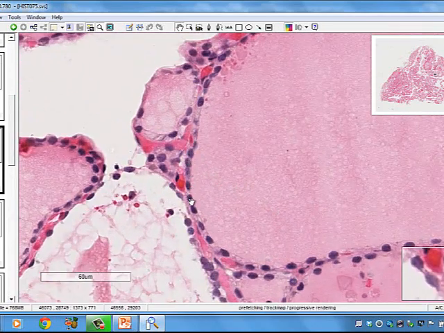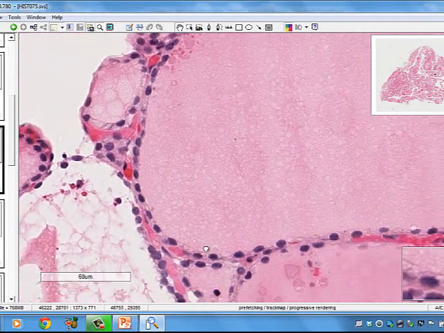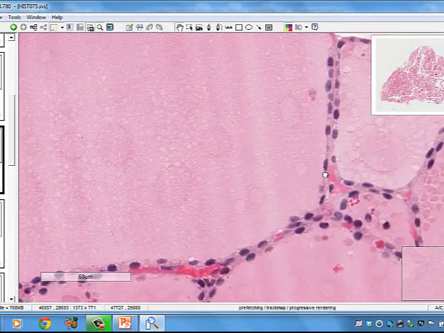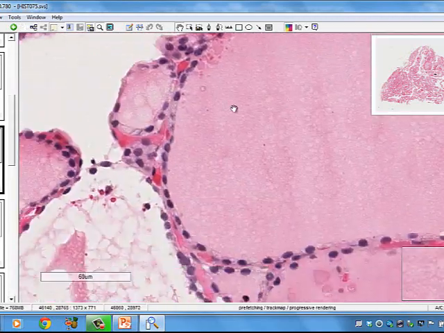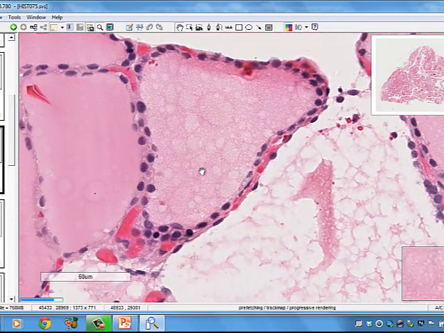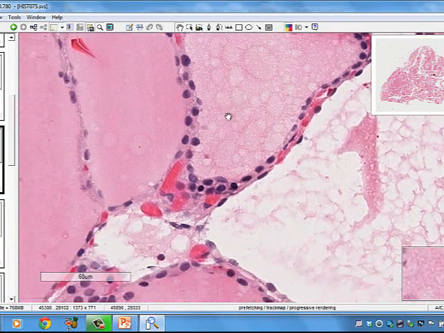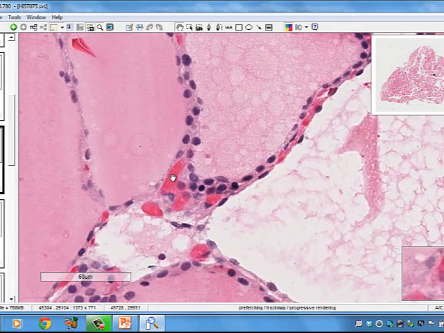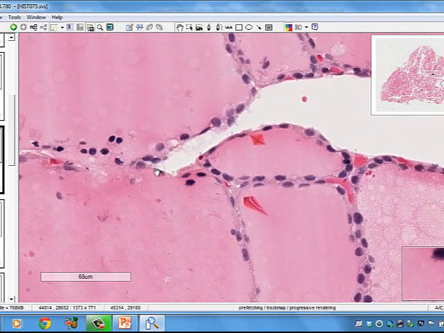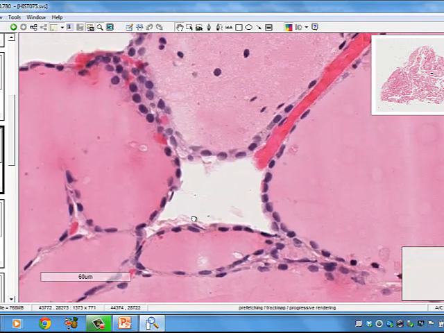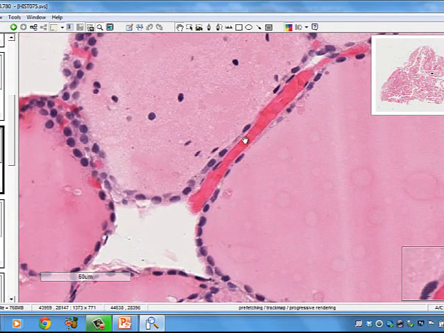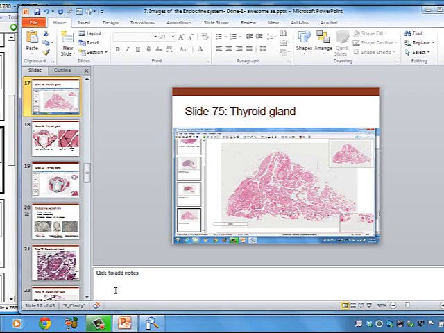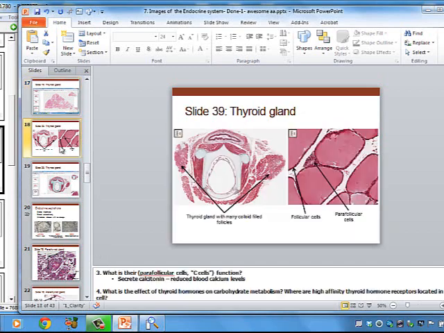These are usually simple cuboidal cells, low cuboidal cells in through there, and there's colloid, that's thyroglobulin that's stored in through there. The red things here are the capillaries. So you see blood capillaries, a rich vascular supply, which is characteristic of the endocrine system organs.